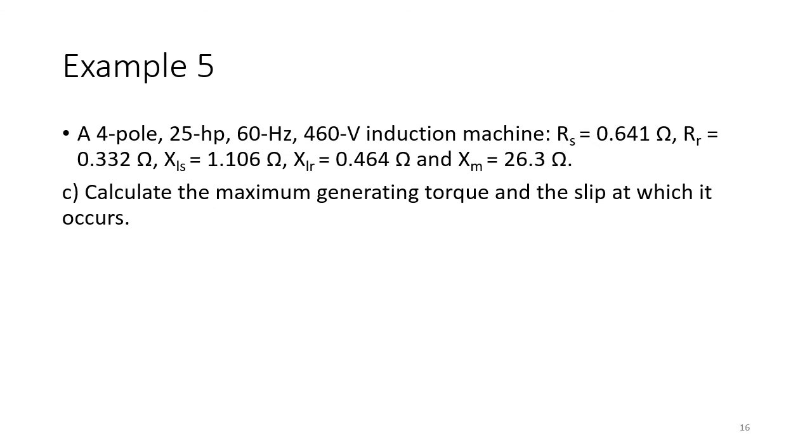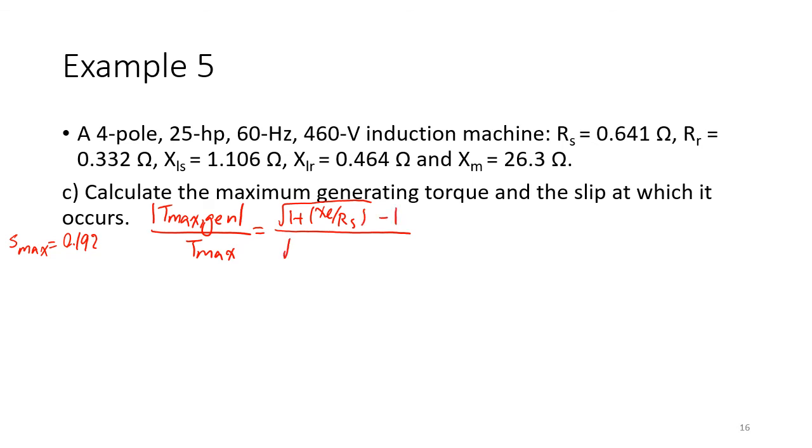So we know S max will also be 0.192, it is not going to change, but T max gen over T max will be equal to 1 plus XL over RS square plus 1 at the denominator, minus 1 at the denominator.